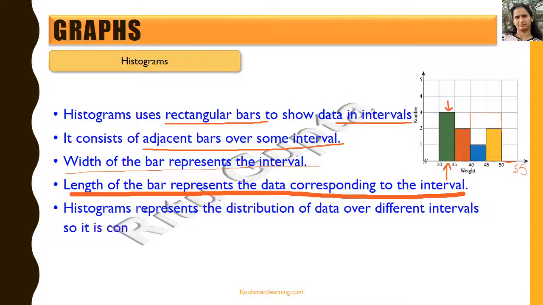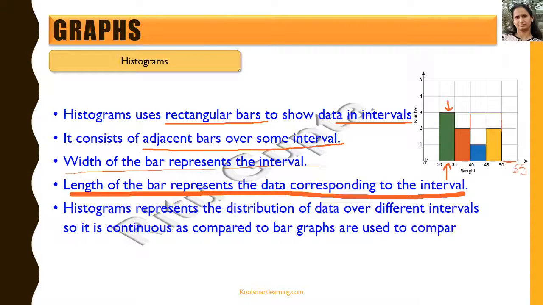And histograms represent the distribution of data over different intervals. So we are saying distribution of data between 30 to 35, 35 to 40, 40 to 45, 45 to 50. So it is continuous as compared to the bar graphs which are used to compare data for specific values.